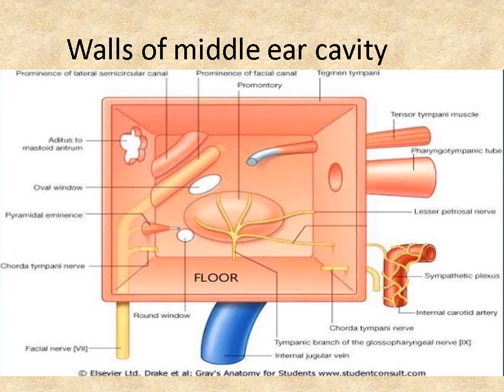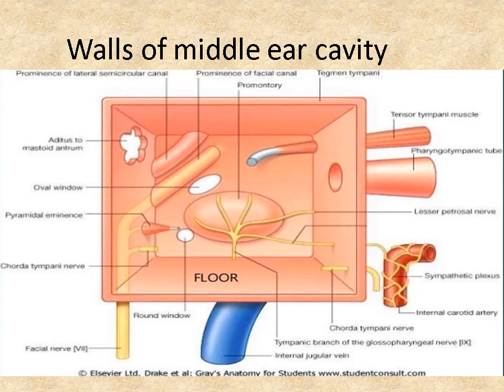Let's start with the roof of the middle ear cavity. The roof is formed of a thin plate of bone called tegmen tympani, and it separates the middle ear cavity from the temporal lobe of the brain. What about the floor?